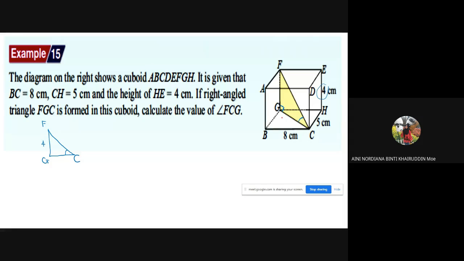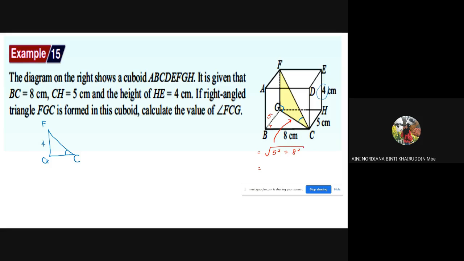We calculate GC. So you know this is 8, this is 5, and this is 90 degree because this is a cuboid. So here 90 degree. So we can calculate GC. GC is hypotenuse by using Pythagoras theorem, which is square root of 5 square plus 8 square.